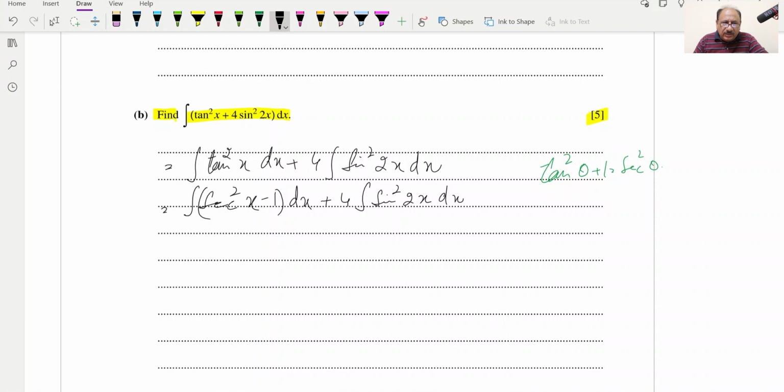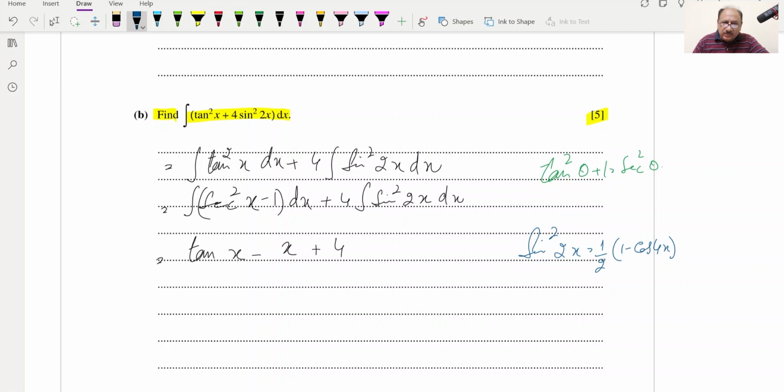Now we can integrate. Secant square x has integral tan x, so this will be tan x minus x, plus 4 as it is, and further we can integrate this part. We know that sine square 2x is equal to 1 by 2 times 1 minus cos 4x.